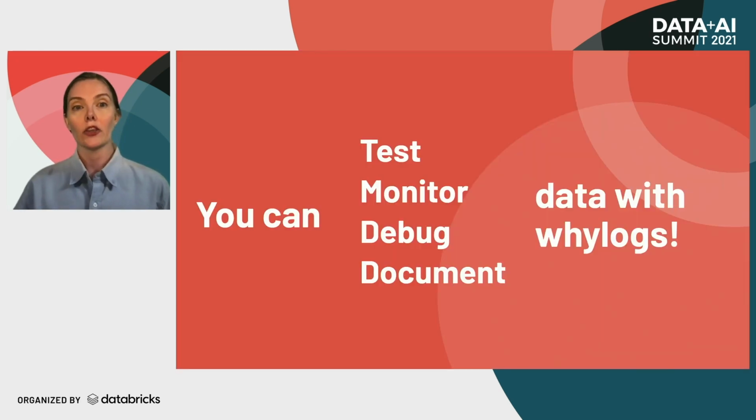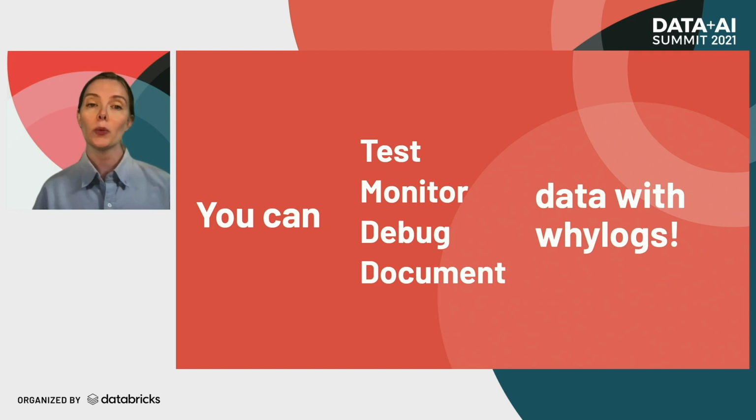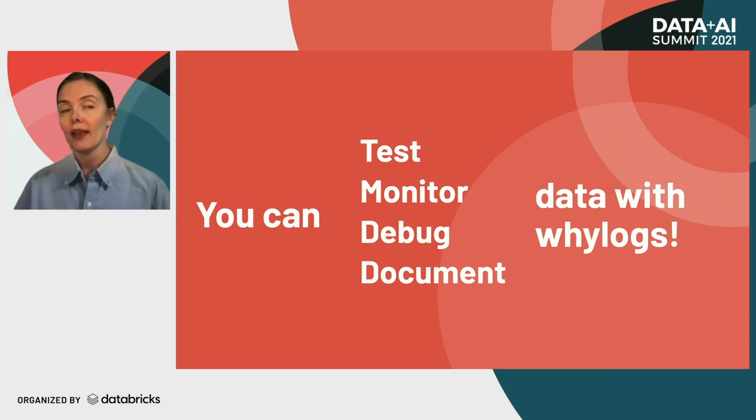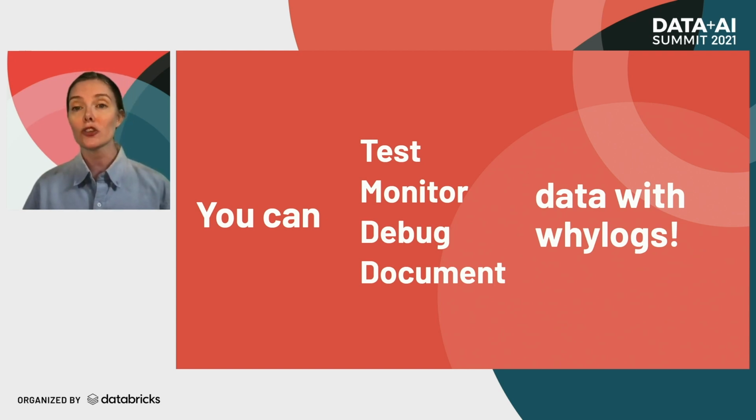So, going back to the initial conundrum of testing, monitoring, debugging, and documenting data. We developed YLOGS initially to capture the data necessary for monitoring data quality and data drifts and model performance. When we open sourced the library, the AI community found additional ways of using the YLOGS outputs.